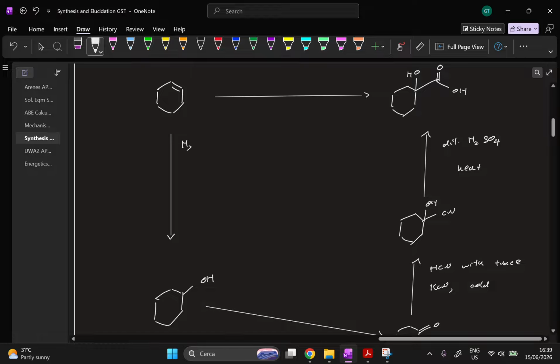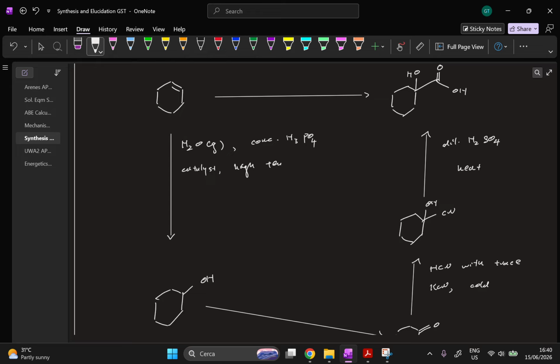Steam is gaseous water, H2O(g). And you need to know that for electrophilic addition of this, you need concentrated phosphoric acid catalyst. And you need to say high temperature and pressure. Please memorize this R and C.